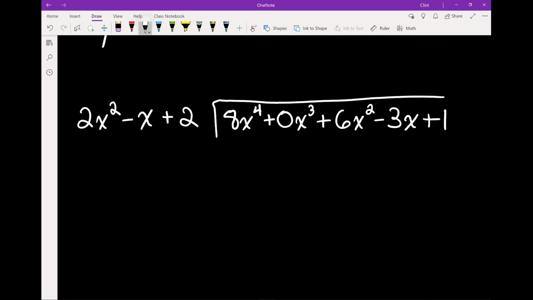So let's look at what we've got. We've got our leading term out here is 2x squared. 2x squared, what do we have to multiply that by to get 8x to the 4th? So we're going to have to multiply by 4 to get 8. And then we have to multiply by x squared to get x to the 4th. Now we're going to multiply every term out front by 4x squared.